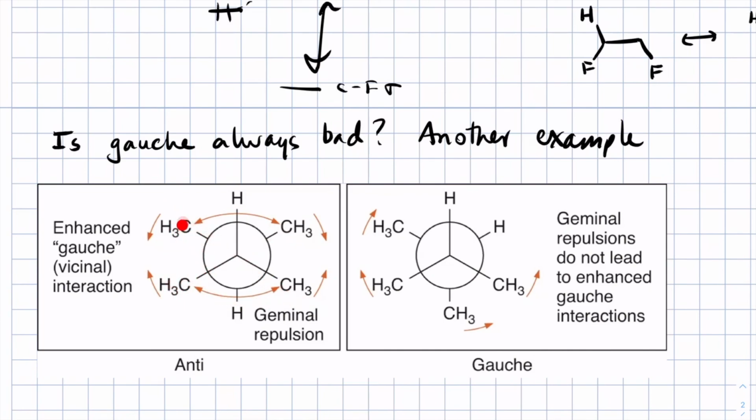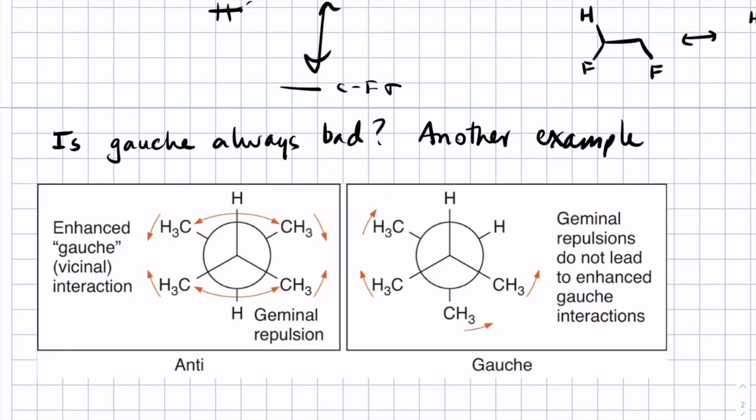You do have a gauche relationship, but you've got as many anti-conformations as possible. And what is observed in this situation, even though you've got methyl groups that are anti to each other, and you've got the most anti groups as possible, is there is actually steric repulsion between the methyl groups on the same carbon. That's called geminal repulsion.